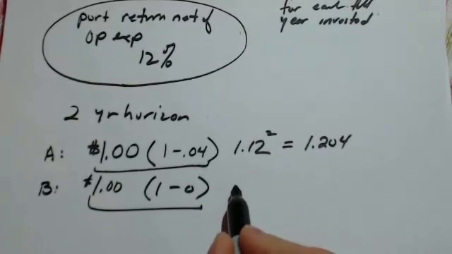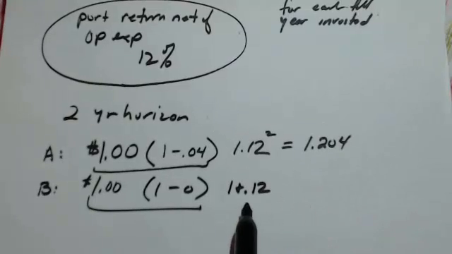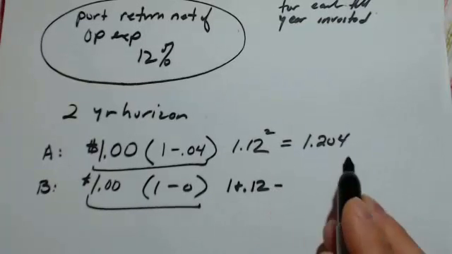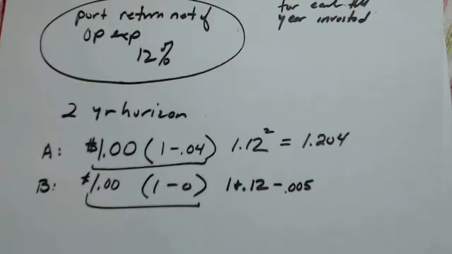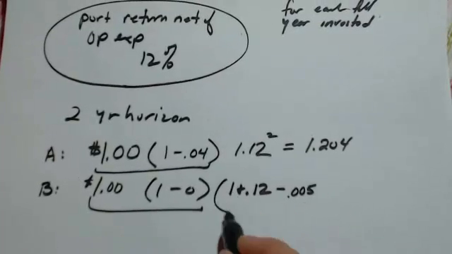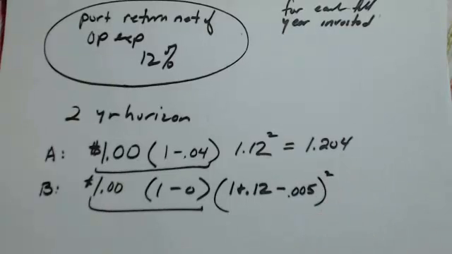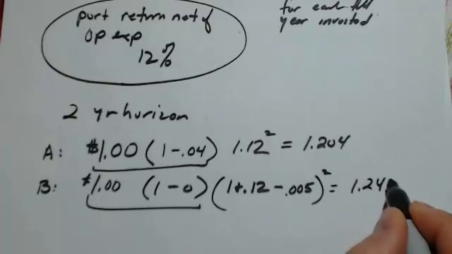Now, you're going to have that 12% portfolio return net of the operating expenses, 0.12, but you're going to be paying 0.5% in terms of 12b-1 fees, right? And you need to take that into consideration, compounded over 2 years, and you end up with $1.243.